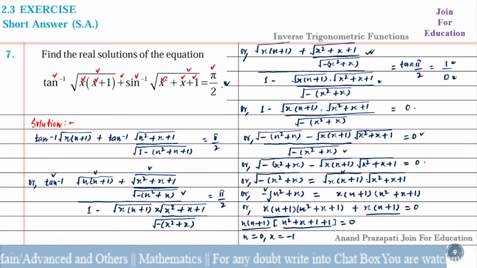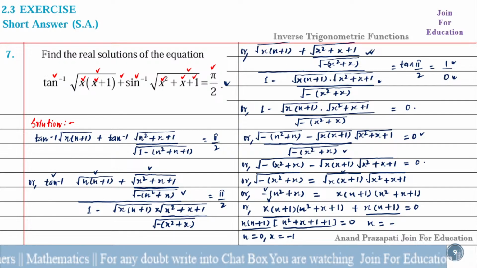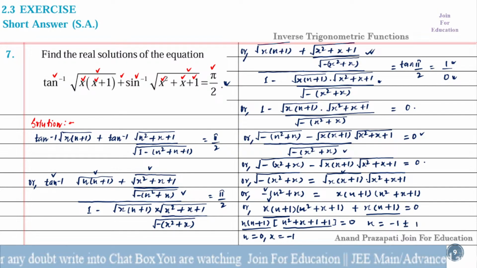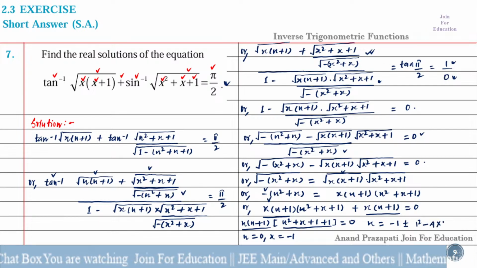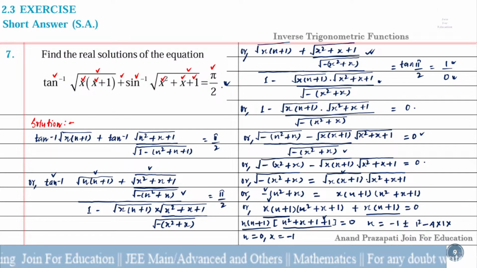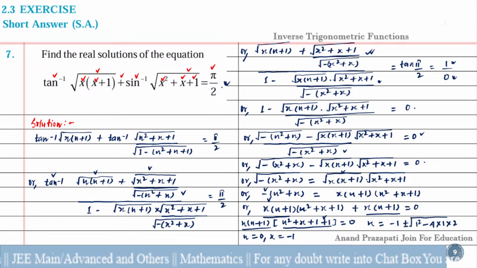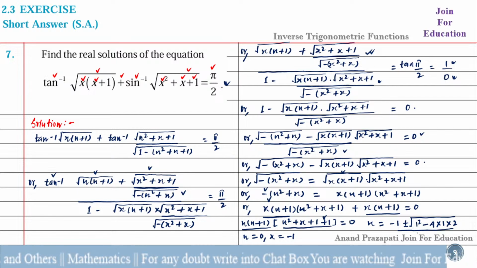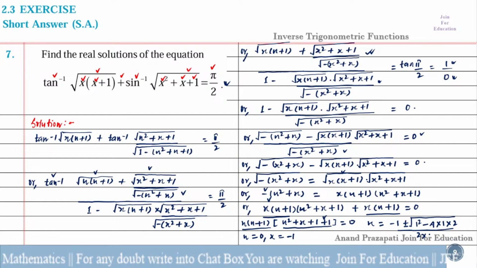So here will be x equal to minus b, it means that minus 1, plus minus root of b square, it means that 1 square minus 4 into a equal to 1, and c will be 1 plus 1 equal to 2, and we write down here over 2a, it means that a is 1. So 1 minus 8 equal to minus 7.